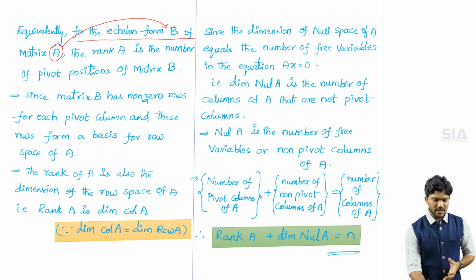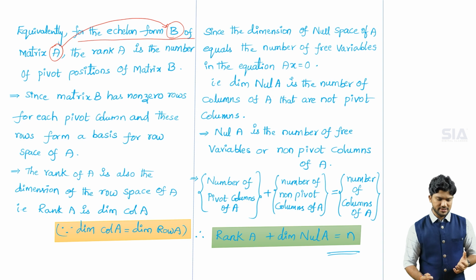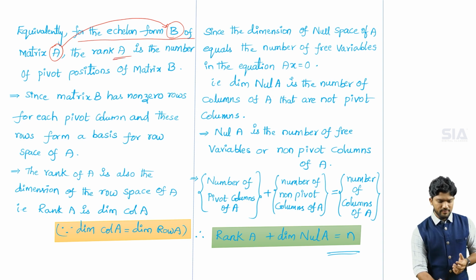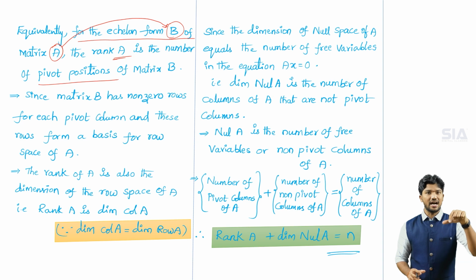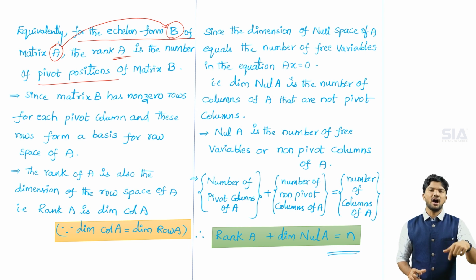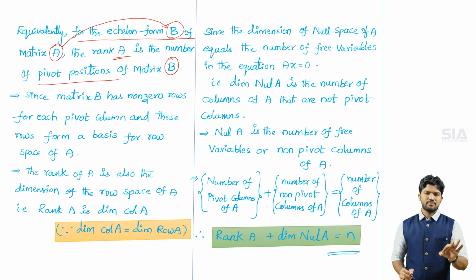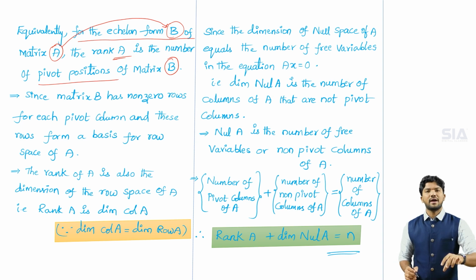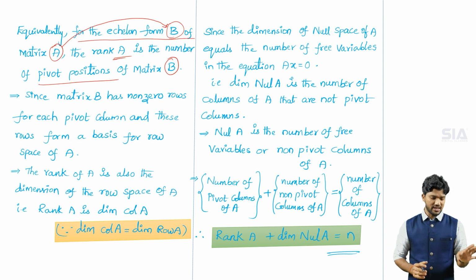That echelon form we can consider as capital B. The rank of capital A is the number of pivot positions of the matrix capital B. Pivot positions always exist in the echelon form or reduced echelon form. So now రank of A matrix యొక్క ర్యాంక్ ని B matrix లో ఉన్న pivot positions, pivot columns డిసైడ్ చేస్తాయి అన్నమాట. సో therefore number of pivot positions is the rank.